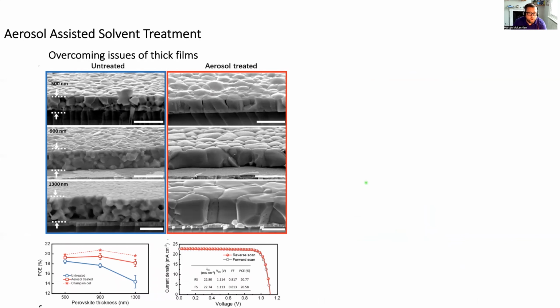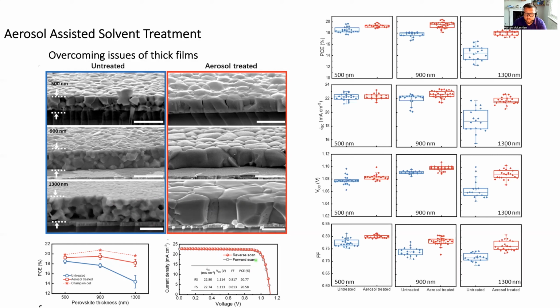We're approaching about 1.5 microns in film thickness, and we can see remarkable differences at the thicker level between the as prepared films and those that have gone through the aerosol treatment, with a significant increase in performance across all of the aerosol treated cells, and stabilized power conversion efficiencies approaching 21% in the methyl ammonium lead iodide system.